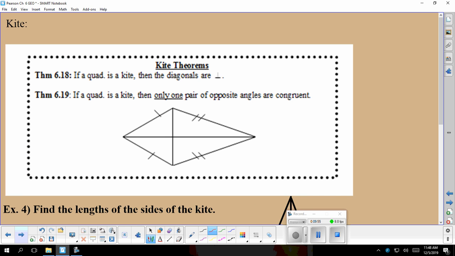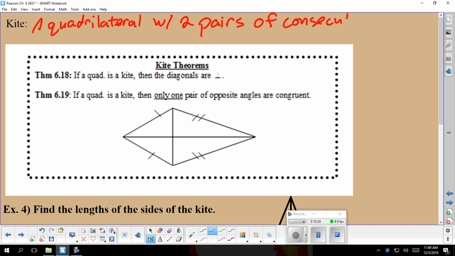All right, so a kite. Another quadrilateral. A quadrilateral with two pairs of consecutive congruent sides.